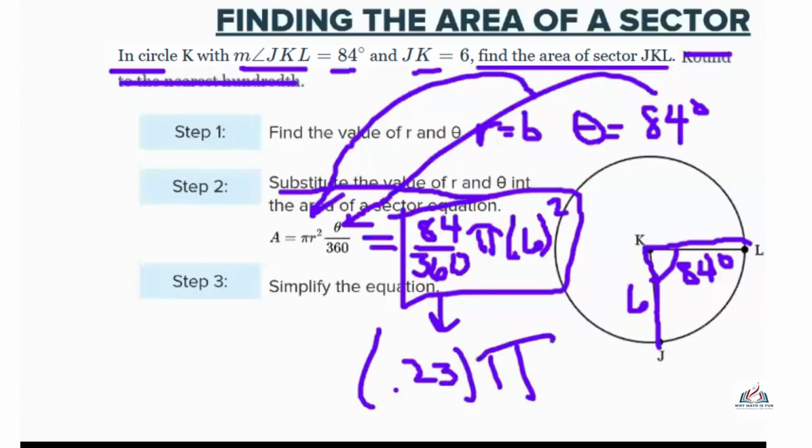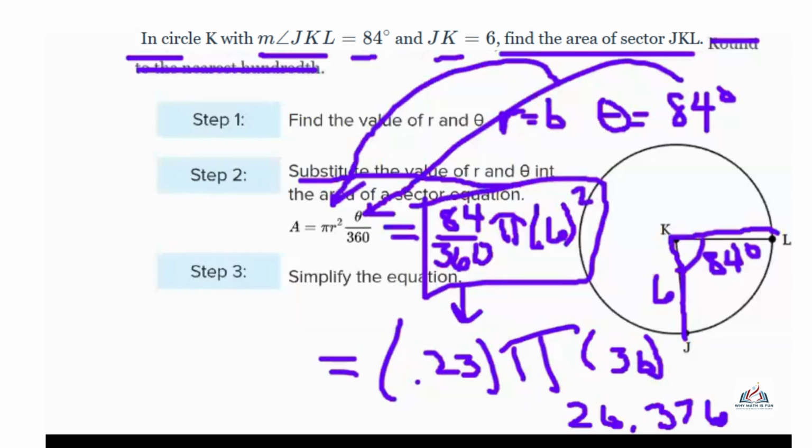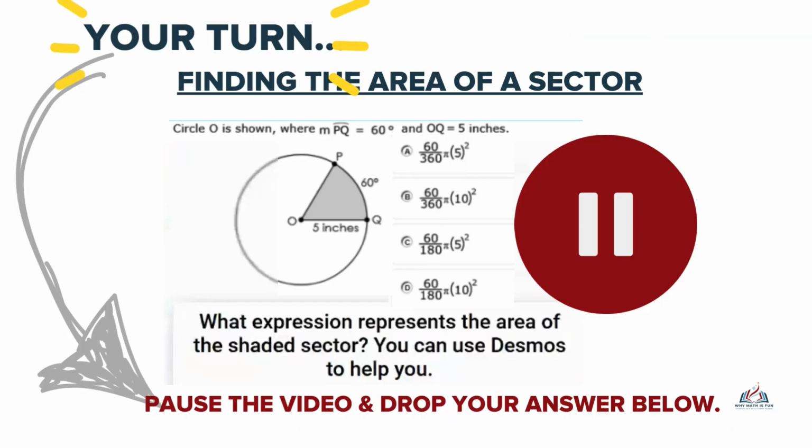And what is 6 squared? 36. Awesome. Very good. Now when you multiply all of these together, 0.23 times pi times 36, what do you get? You should get something really close to this.